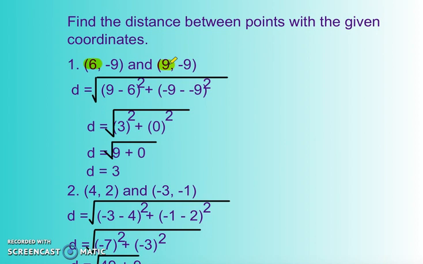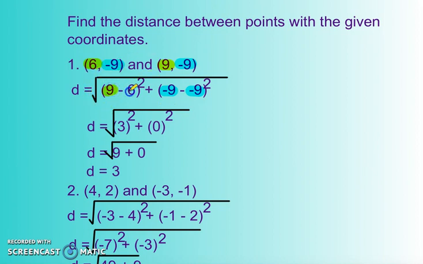And we are putting in the second one first. So second one always goes in first. So we have 9 minus 6. And then over here we have -9 minus -9. And those are our y coordinates. So here's y. So they're plugged in right here, and our x's are right here.